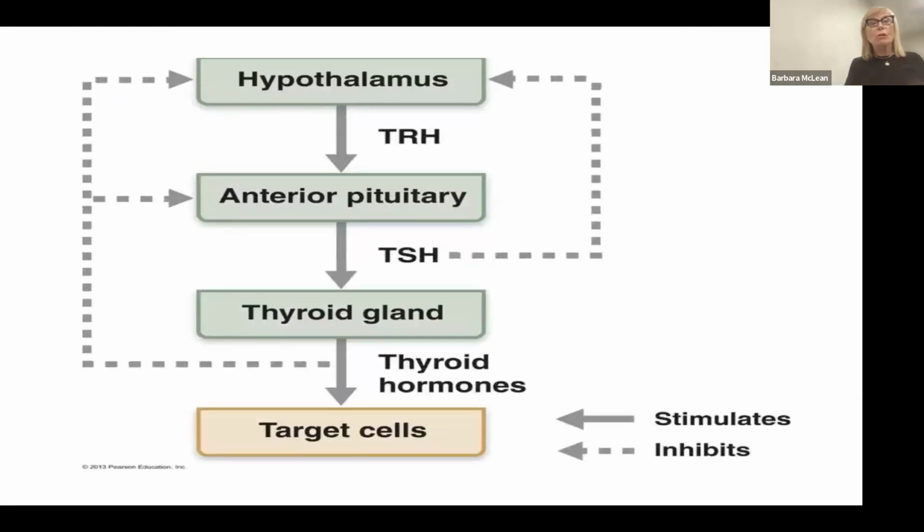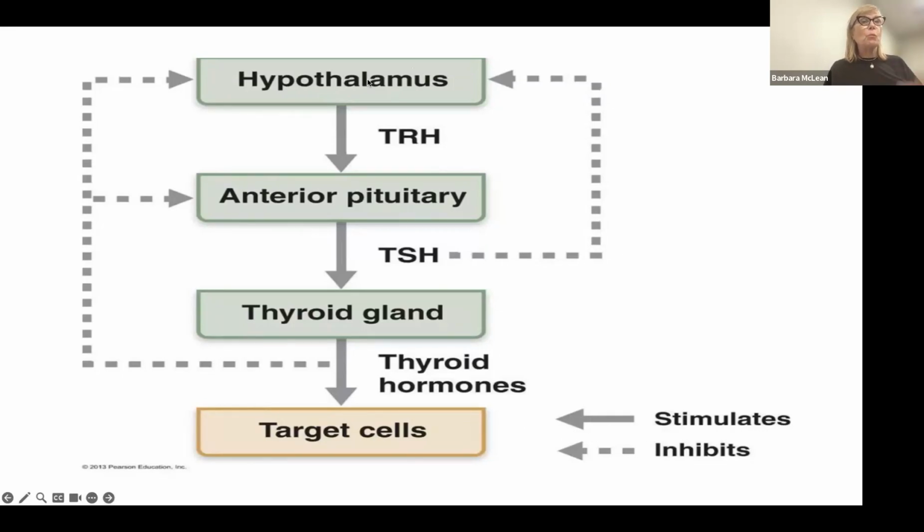Okay, so I want to make sure we appreciate, because this is not meant to be the end all and be all and make you be able to diagnose all tests of the thyroid gland. I'm using two colors of arrows, a full arrow and a dotted arrow.